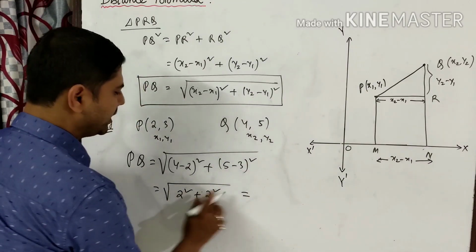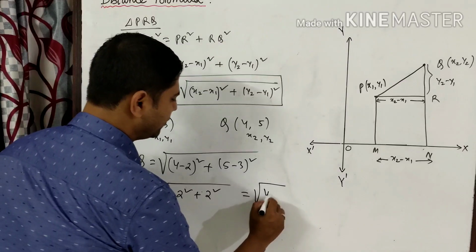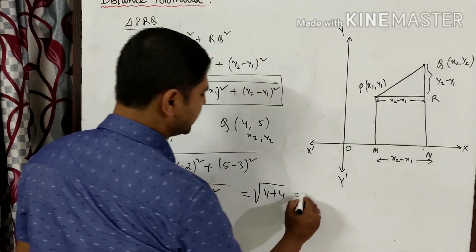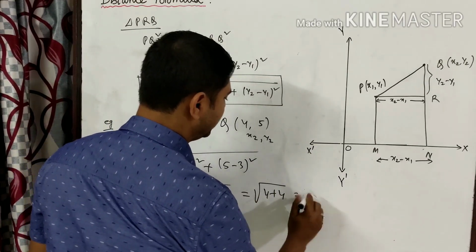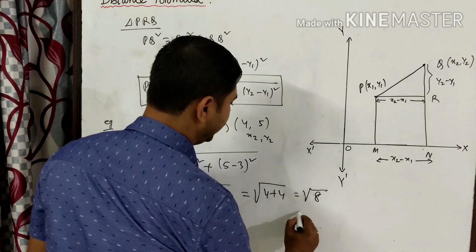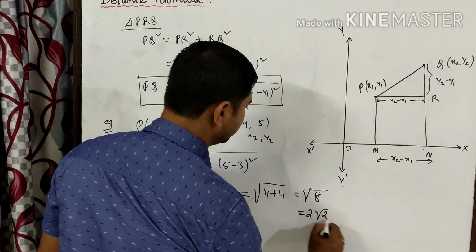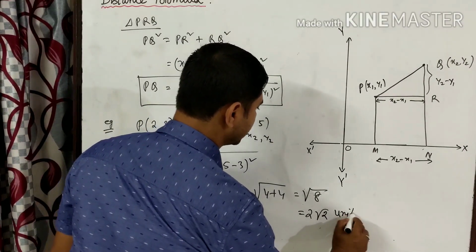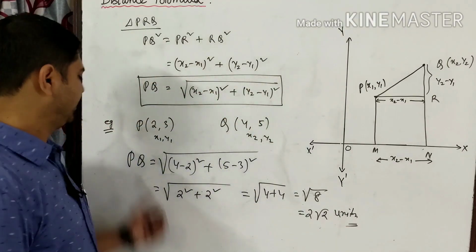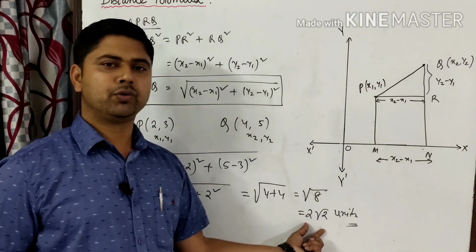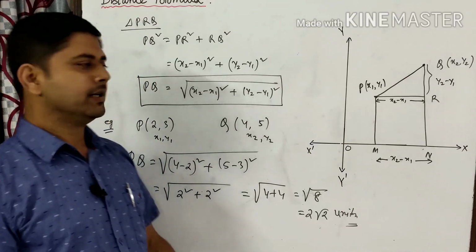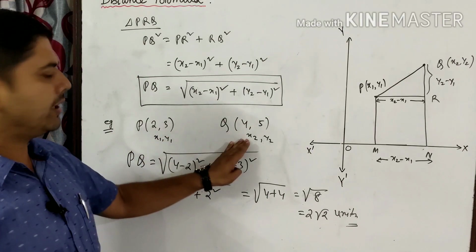That means root over 4 plus 4, that is root over 8, which means 2 root 2 units. You have to write units for length.